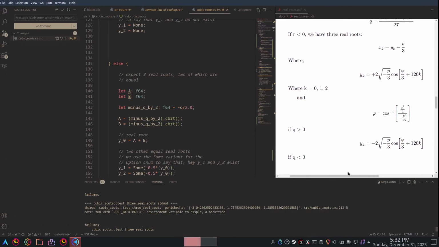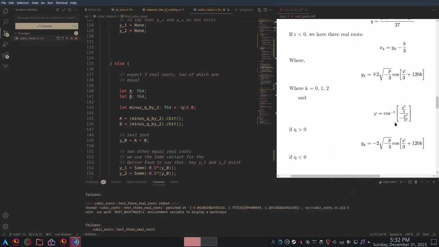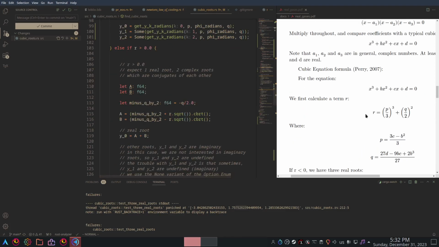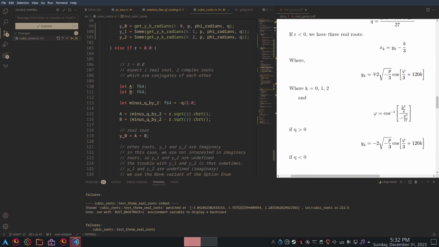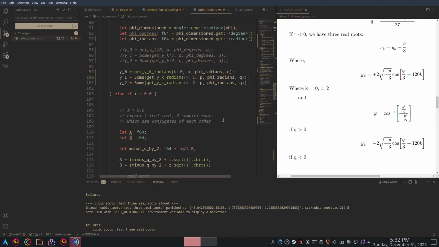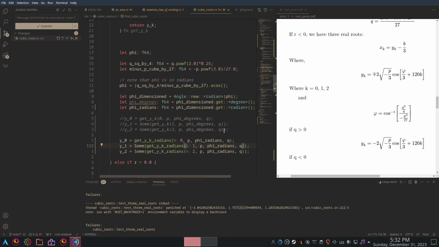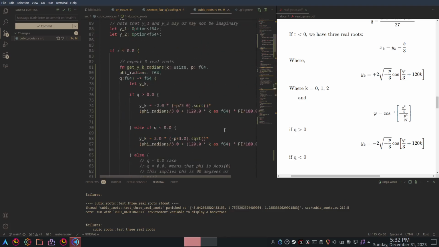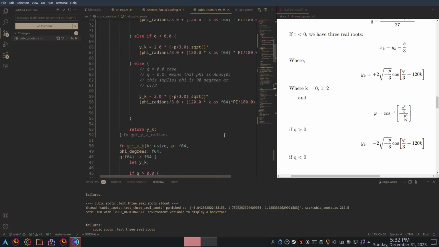Okay, I rechecked the handbook, and I think I might have copied this formula wrongly. The formula here should have a square root. This phi here, q squared by 4 minus p cubed by 27, this should be square rooted. So let me do this square root, and let's see whether that solves the problem.